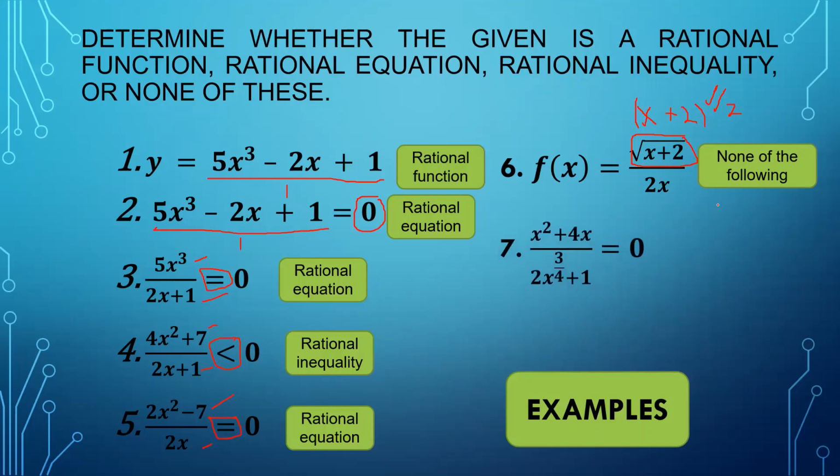x squared plus 4x all over 2x to the 3 over 4, plus 1, is equal to 0. And this is none of the following, since again the denominator, which is 2x to the 3 over 4 plus 1, is not a polynomial, since the exponent of x, which is 3 over 4, is not an integer.